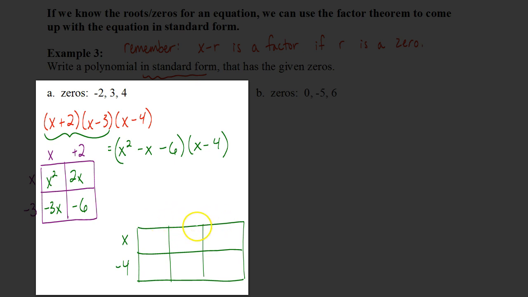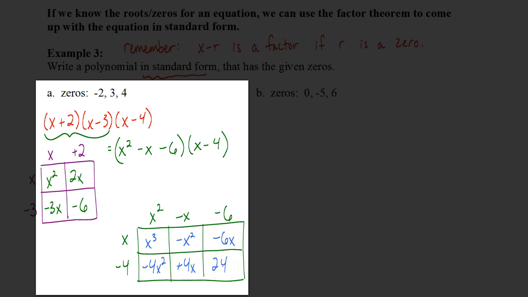On the side where we have the 3 columns, I'm going to have x squared minus x minus 6. Now when we multiply these together, we get x cubed. This would be minus x squared. And then this would be minus 6x. Then minus 4x squared. This would be a plus 4x. And this would be a positive 24.